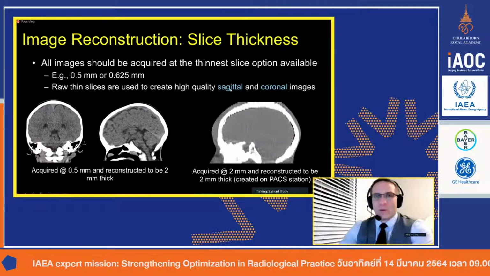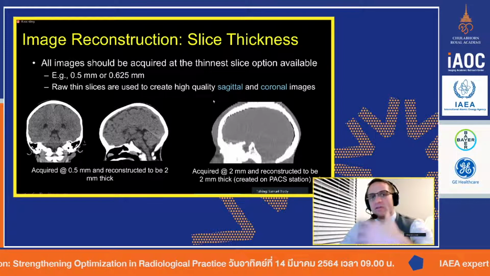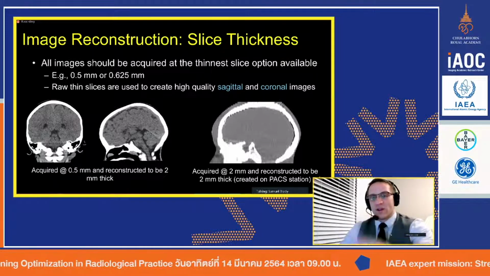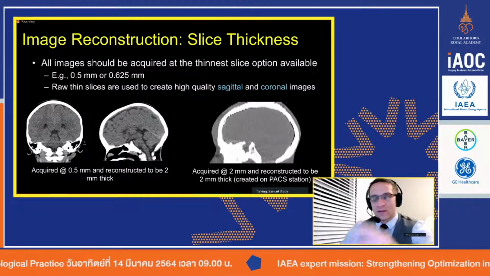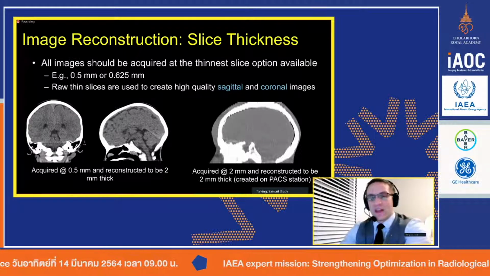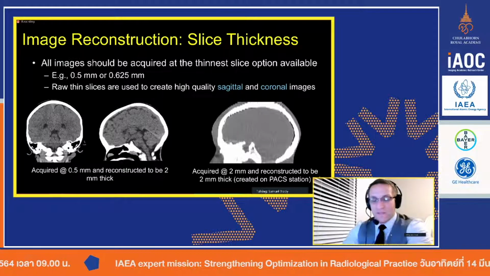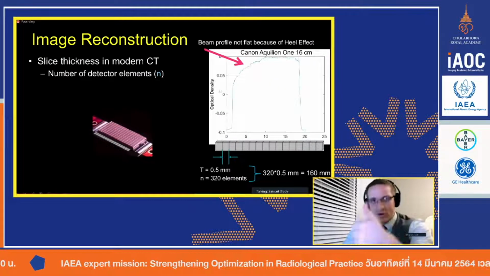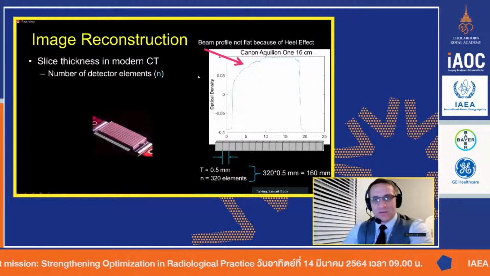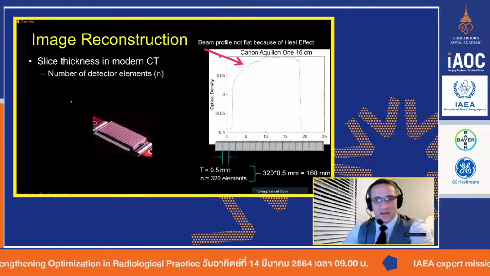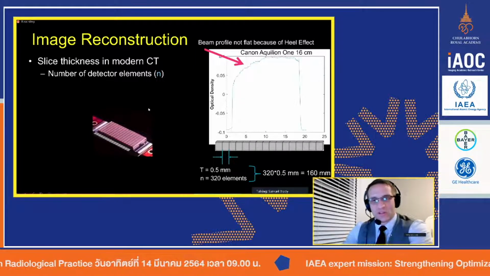One way to look at improving image quality is giving the radiologists access to all of the data, the thin slices, so that they can, on the fly, look at any angle they want if they need to. So that's just one way to optimize using slice thickness. Obviously, this is an educational aspect, so we just want to make sure we understand here.